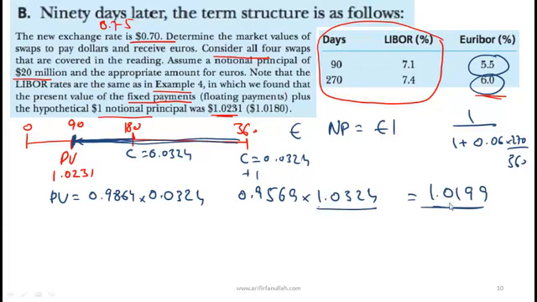So 1.0199 represents the value for €1 notional principal. Now, come back to the beginning when this currency swap happened. What was the exchange rate at the start? The exchange rate was $0.75 for €1.